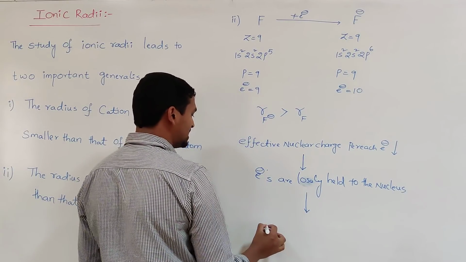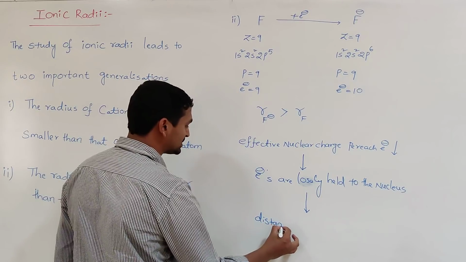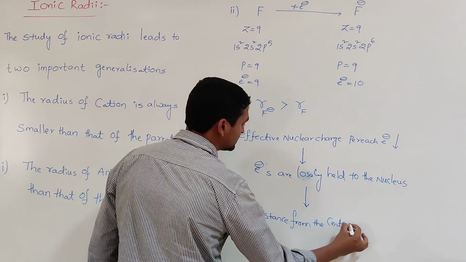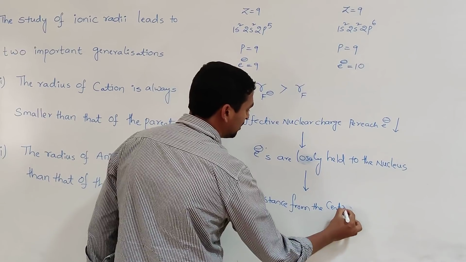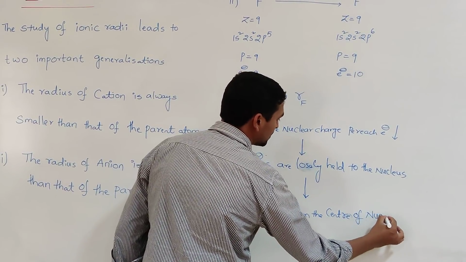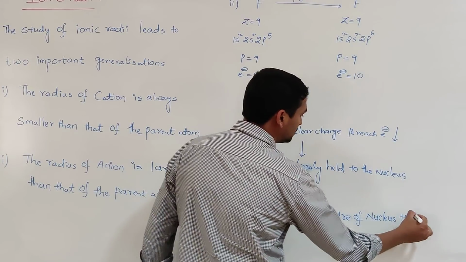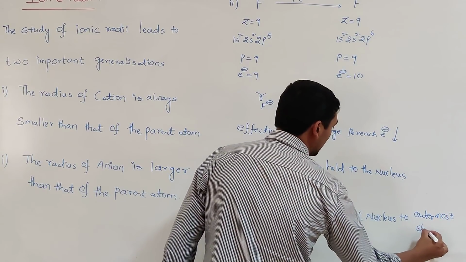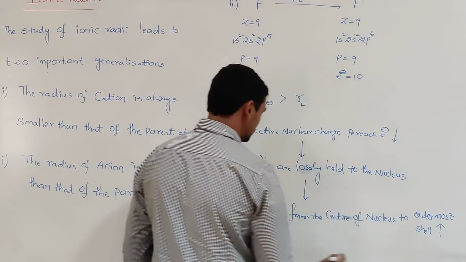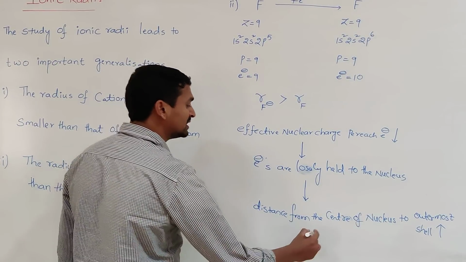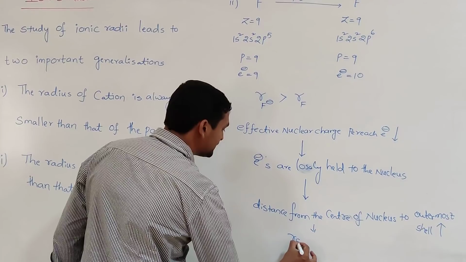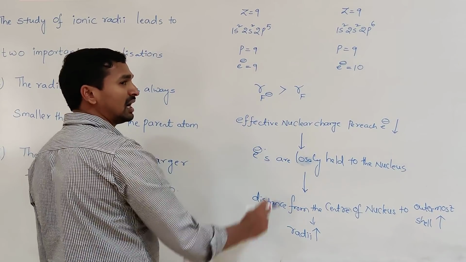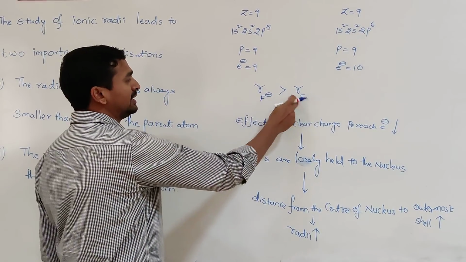As a consequence, the distance from the center of the nucleus to the outermost shell increases, which simply means the radius increases. That's why the negative ion is always said to have a larger radius than its parent atom.